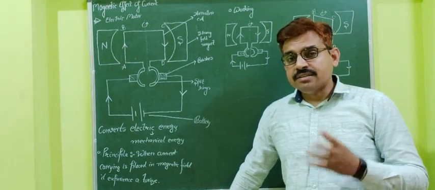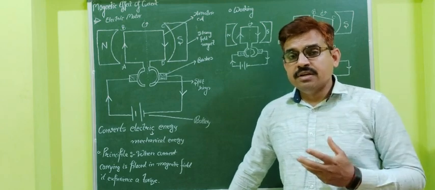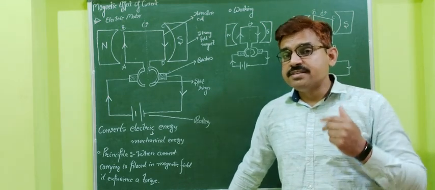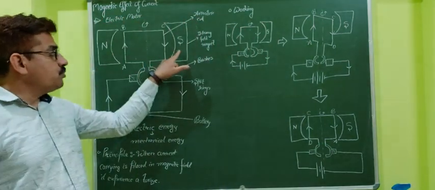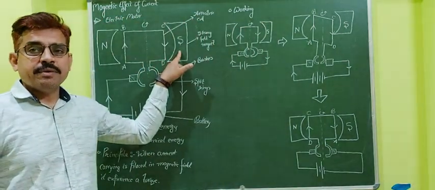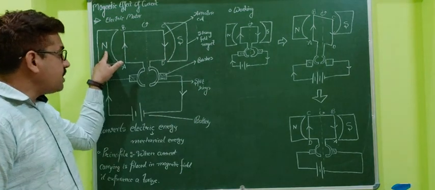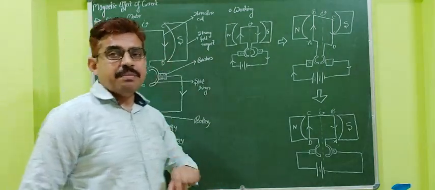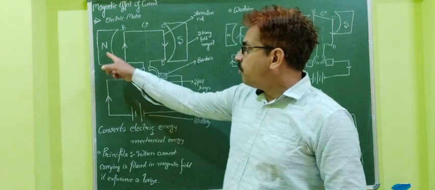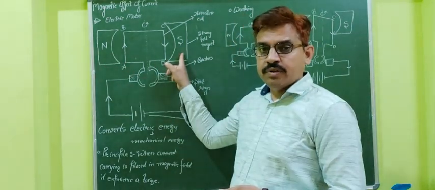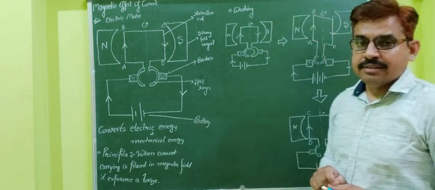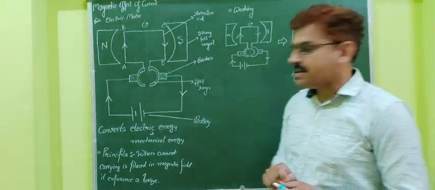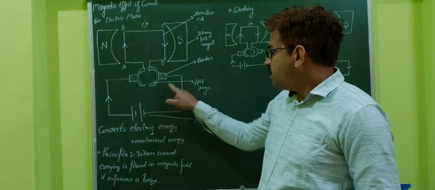We already discussed that magnetic field lines move from the north pole to the south pole outside the bar magnet. So the armature is there and the magnets are there.